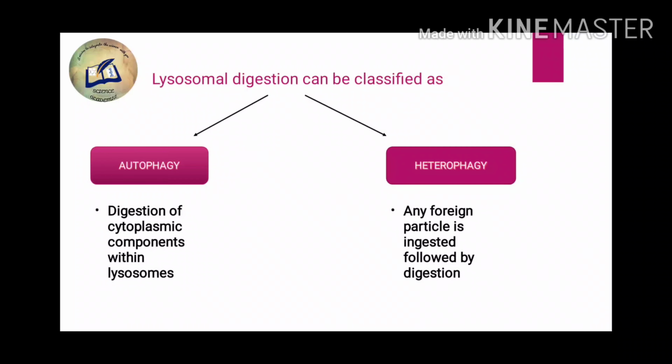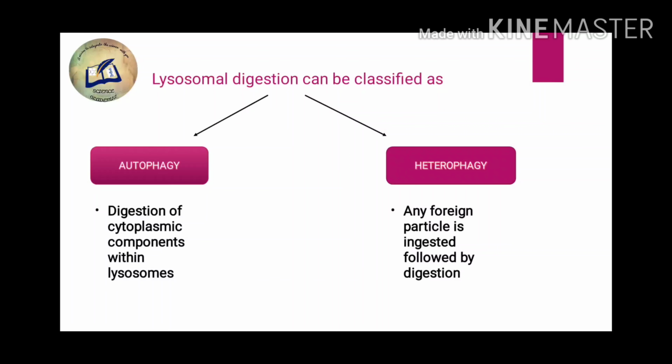Okay, and what about heterophagy? In heterophagy, the lysosomes engulf substances from outside, or foreign particles, maybe food particles or any kind of pathogen, which are ingested and then followed by digestion within themselves.